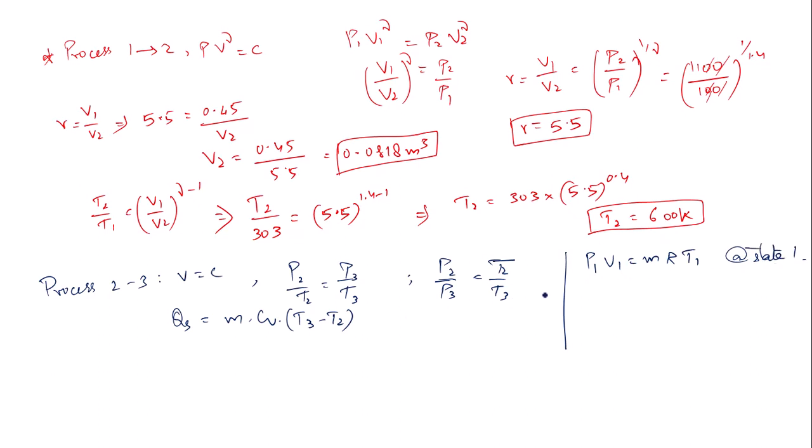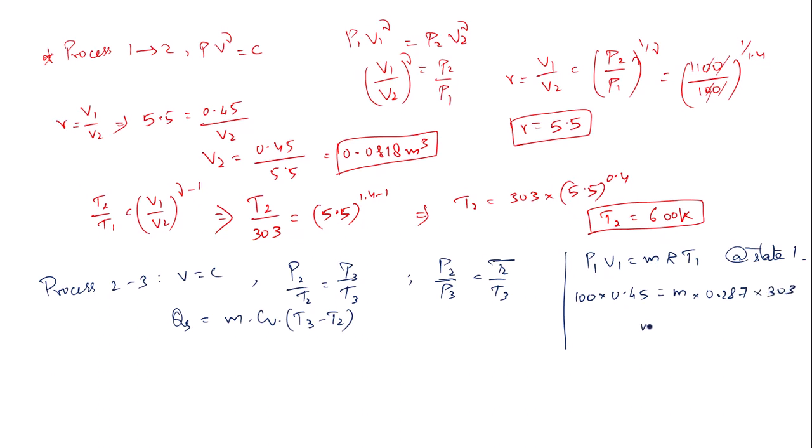Here the P value is going to be 100 kilopascal and the volume is 0.45 meter cube, which is equal to m, which is unknown to us, and for the R value we are going to substitute in kilojoules, so it is going to be 0.287, into temperature 303.